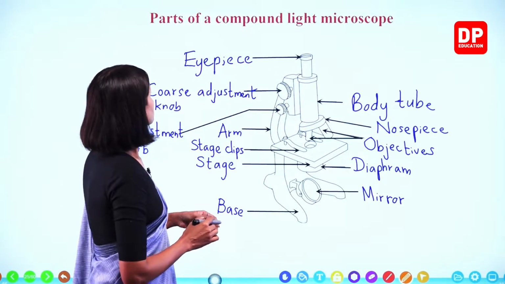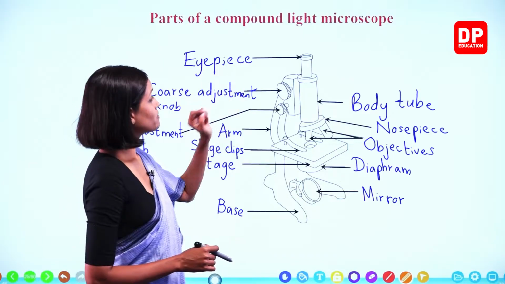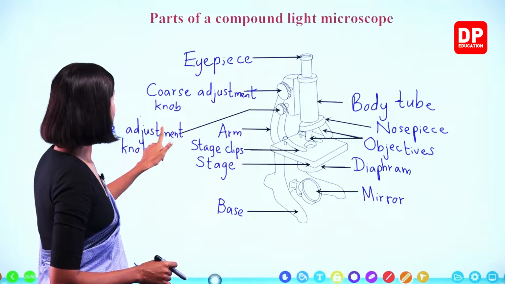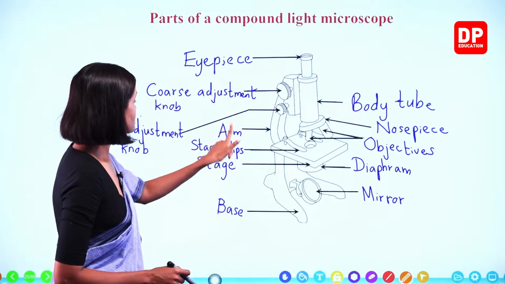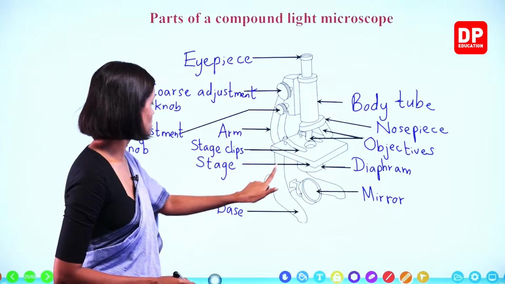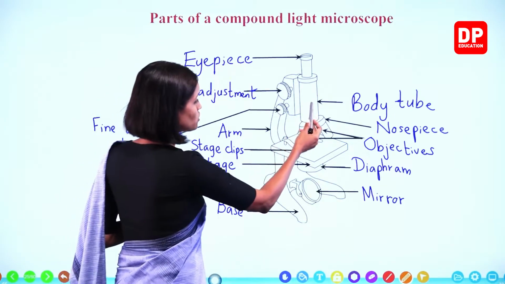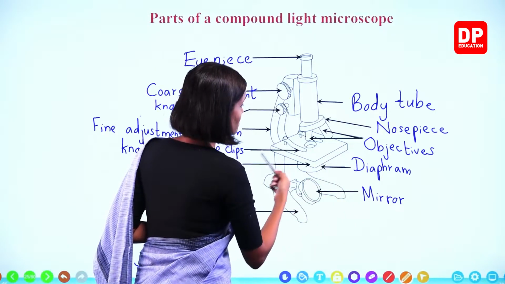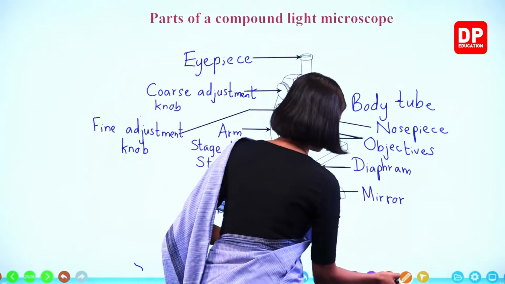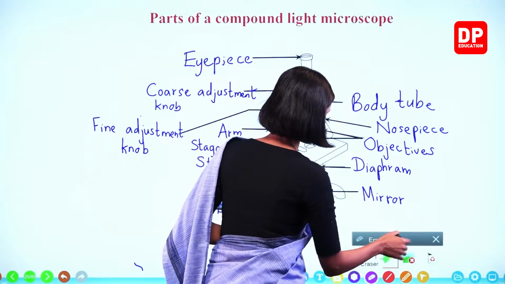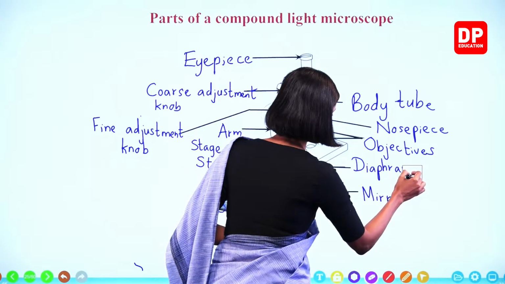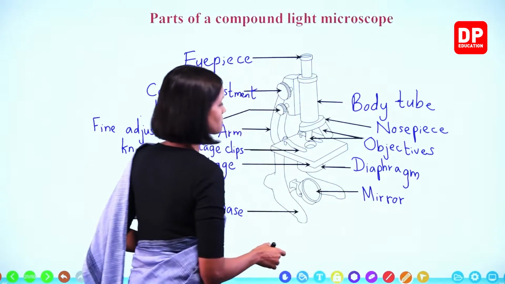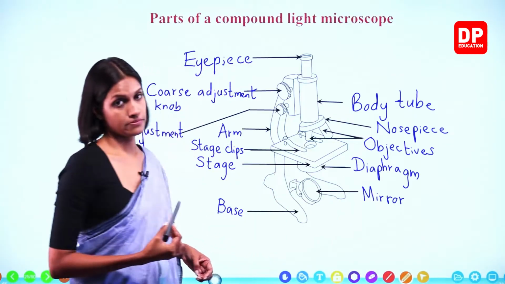Right? So parts of a compound light microscope: eyepiece, coarse adjustment knob, fine adjustment knob, arm, stage clips, stage, base, body tube, nose piece, objective lenses, diaphragm, and the mirror, right?